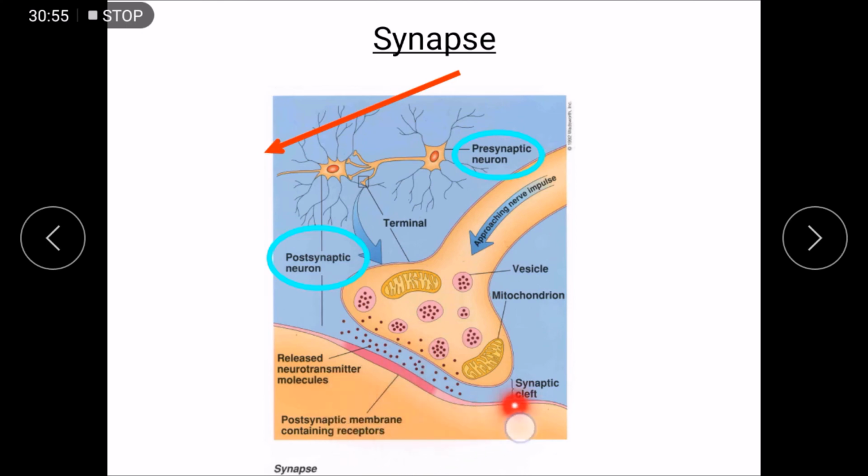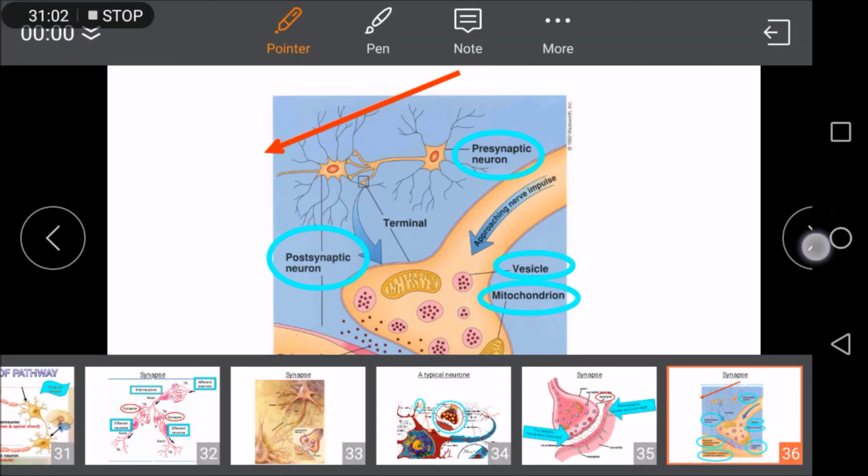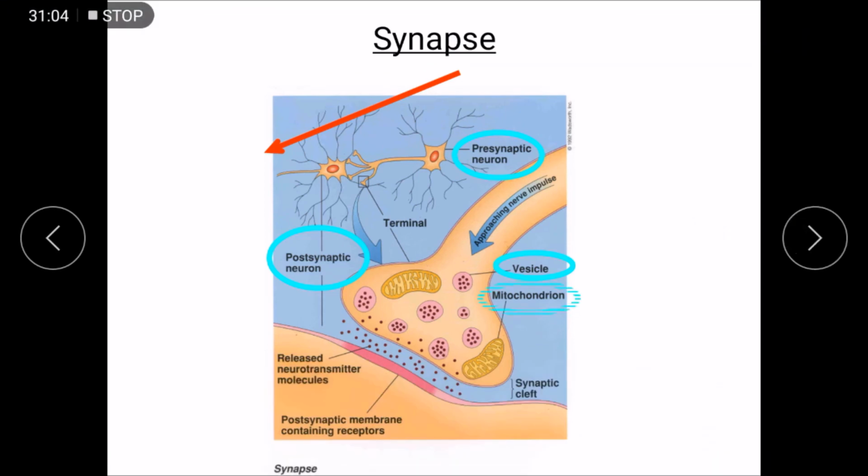Those important ones I have already circled for you. The synaptic cleft. These are the parts. Neurotransmitter release.